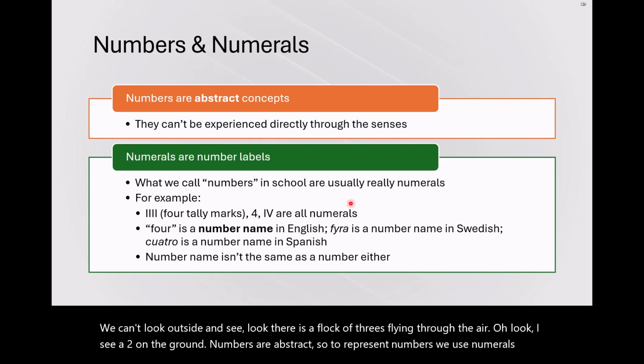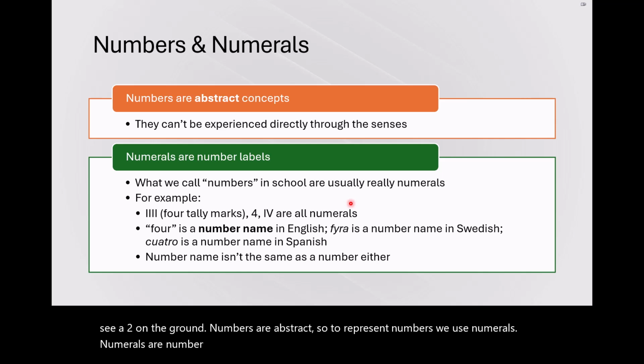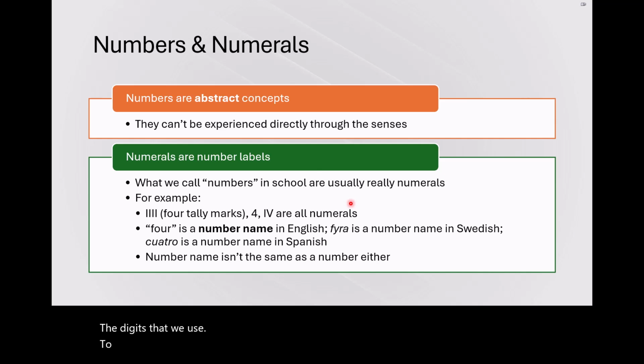Numerals are number labels. I remember this because the word numeral ends in L, just as the word label starts and ends with L. So numerals are number labels. The digits that we use to create representations of numbers are numerals.